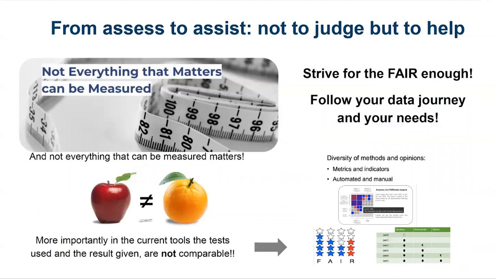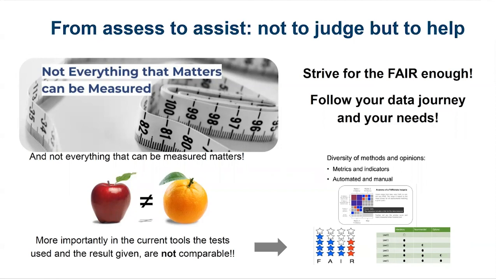So it's a very tricky thing, but what's more worrying here is that these tools really give different results. You can do assessment or evaluation with a couple of these tools and you will get different results because they are looking at slightly different things. They are measuring them in a slightly different way, and they are also showing the result in a different way. So it's almost like comparing apples to oranges.